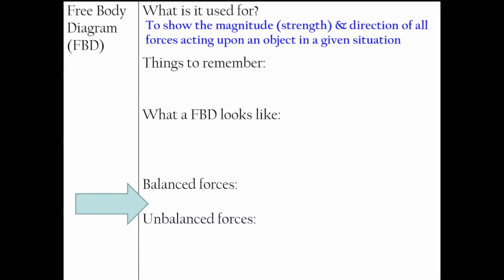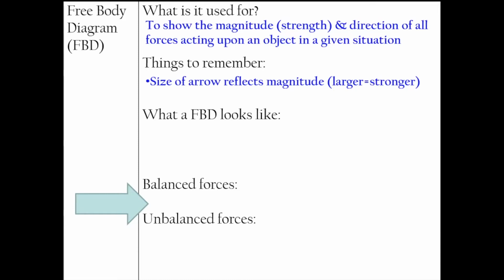The size of your arrow matters, okay? So size definitely matters here. And the size of that arrow reflects the magnitude, like we said before, meaning the size of our force. So the bigger our arrow, the stronger our force is. So for instance, a big arrow might indicate 100 newtons of force, where a small arrow might indicate 5 newtons of force.